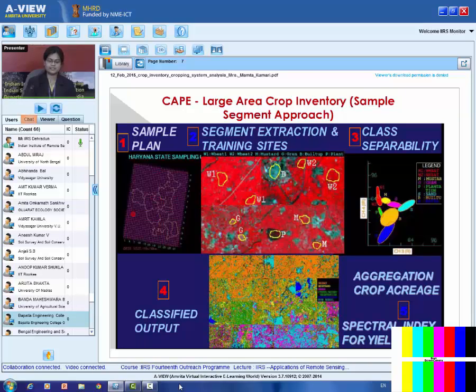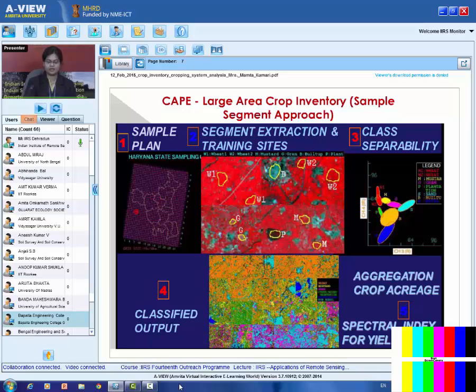On the basis of all the collateral data as well as crop characteristics, these sample segments are selected. Apart from that, previous year remote sensing products are also used to mark these sample segments over the satellite data so that ground data can be collected.